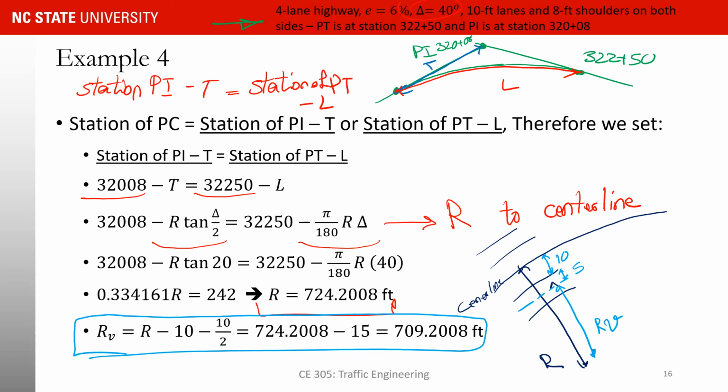The second thing is that do I see enough on the curve that I can stop safely? So let's say that you have a curve that if you go 50 miles per hour on that curve, you're not going to drive off the curve. But in order to be able to stop safely, you need to be going at most 35 miles per hour.